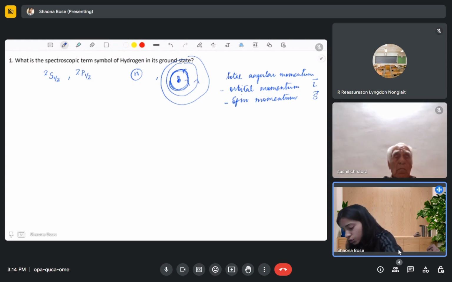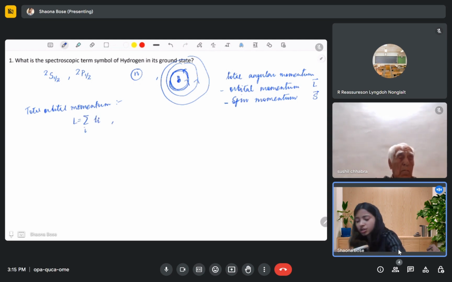So the total orbital momentum L is the summation of all the orbital momenta of all the electrons.